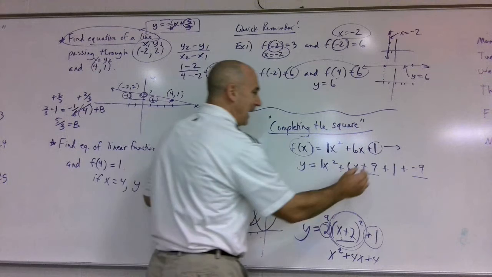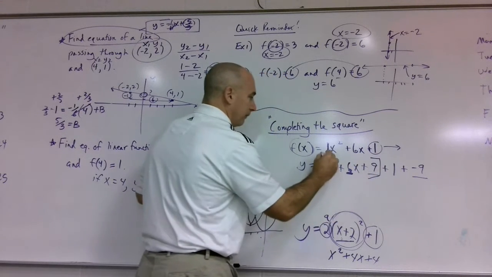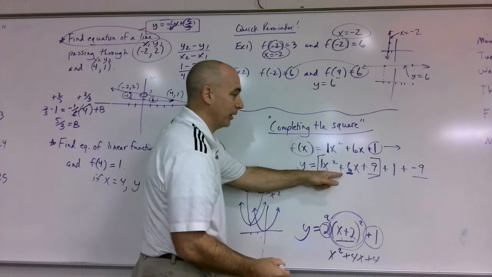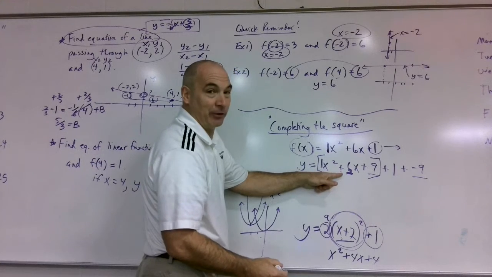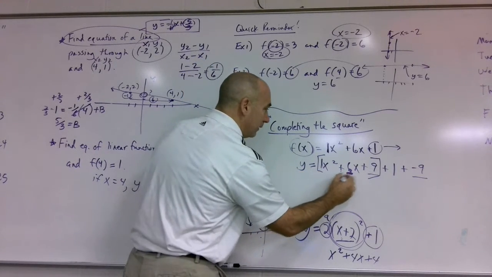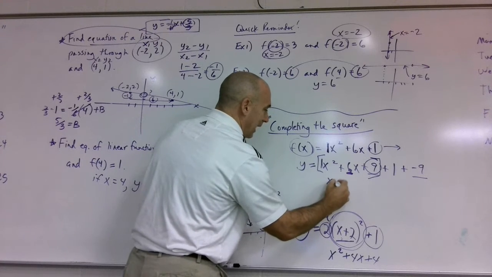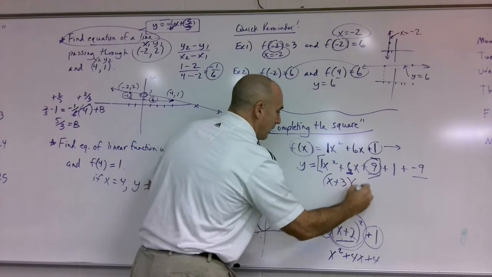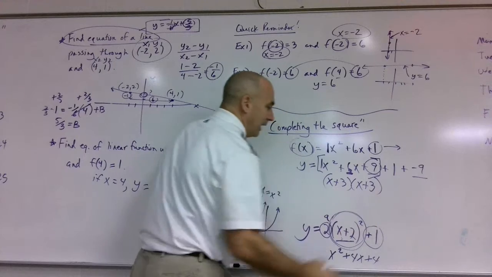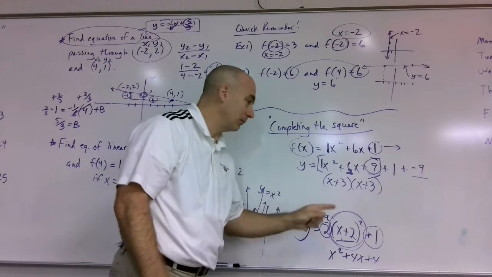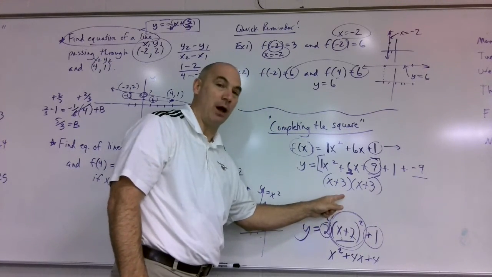Now look at what I have right here. That's a perfect square trinomial. And if I said, hey, factor that, you'd say, okay, 2 factors of 9 that add up to 6 would be 3 and 3. So it'd be x plus 3, x plus 3. Now you're not wrong by writing that, but that's not what we want.